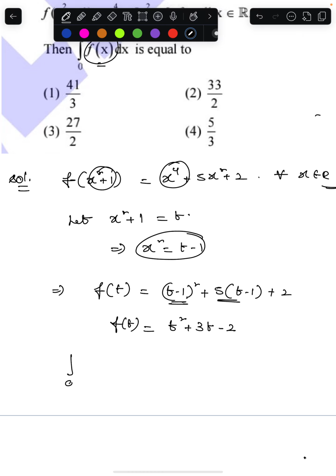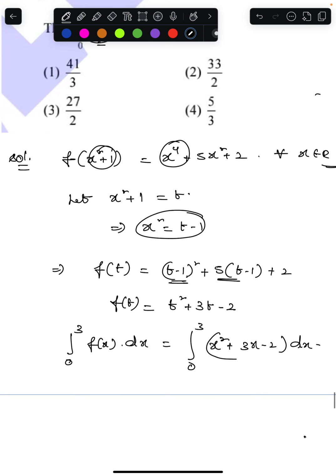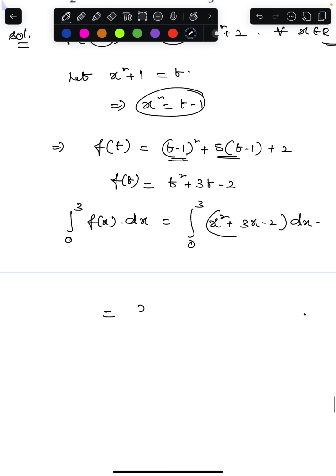So we need to find 0 to 3 f of x dx. That means 0 to 3 x square plus 3x minus 2 dx. So let's integrate it clearly. So x cubed by 3 plus 3x square by 2 minus 2x, from 0 to 3. So substitute here. 3 cube by 3, 9.